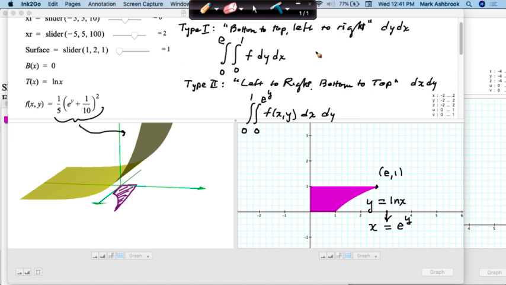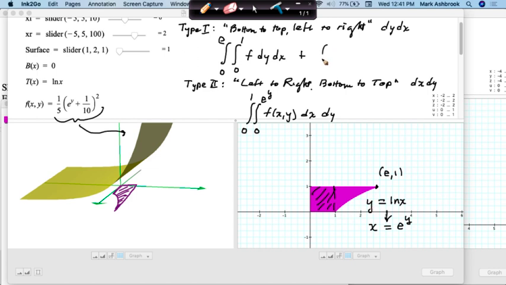So it'd be 0 to 1 and then you have to break it for the second region. Yeah, 0 to 1, 0 to e only gets you this much. You have to add what? So the bottom. When you go bottom to top, your bottom is split up. You have a 0 bottom, and then you have ln of x at the bottom, depending on what x is.